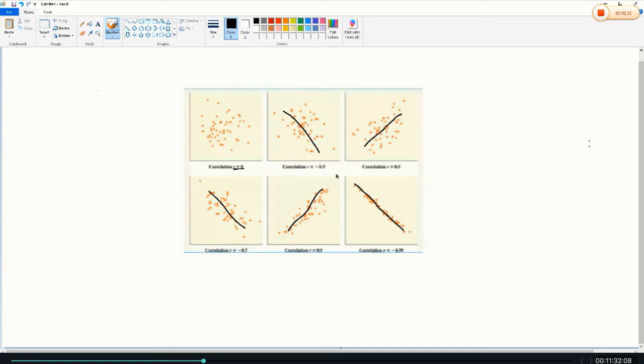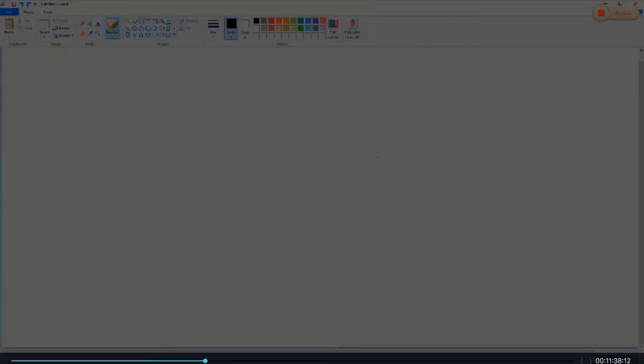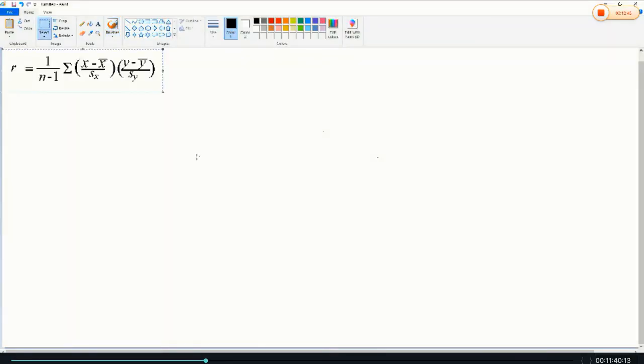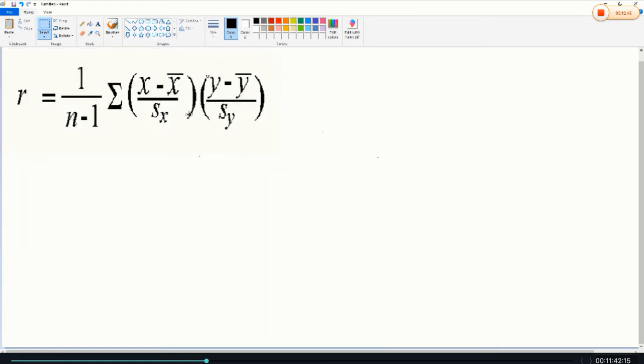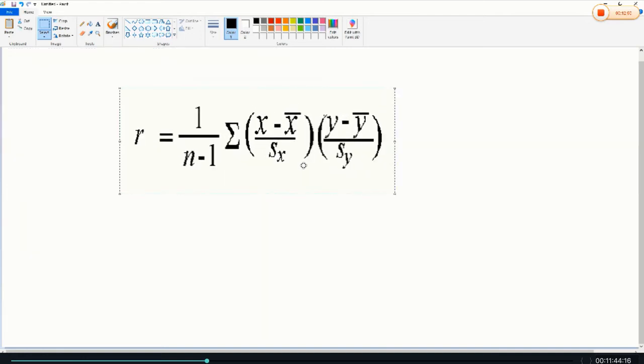So how would one calculate an R value? There is a formula that's about to be shown on your screen, and this is how you calculate R. You don't have to memorize this equation. You'll be given a formula sheet on your AP exam and on your tests to aid you in this.